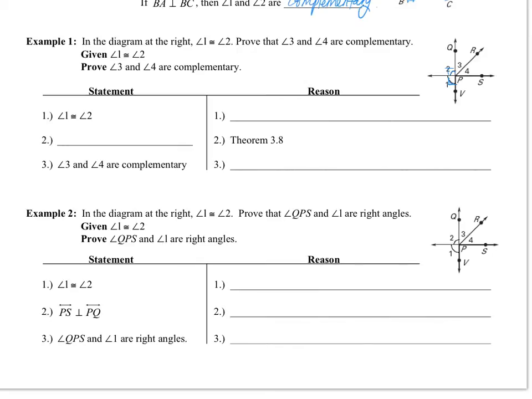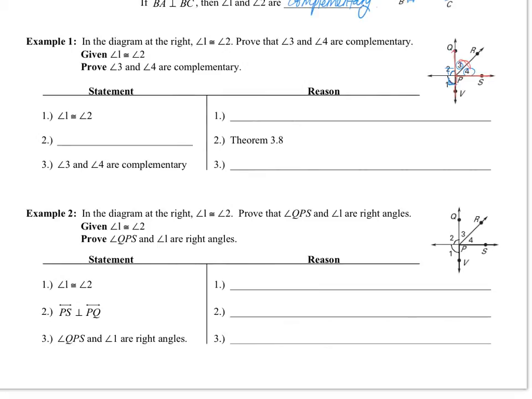And we want to prove that angle 3 and angle 4 are complementary. So my goal is to state that line QP is perpendicular to line PS, then I can state that 3 and 4 are complementary. So that's my goal here.